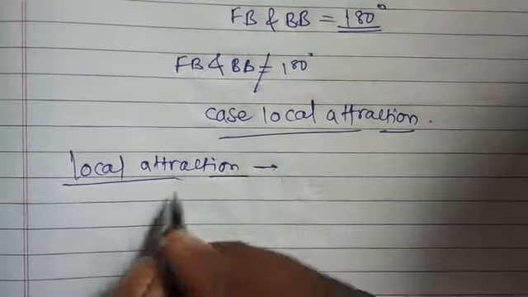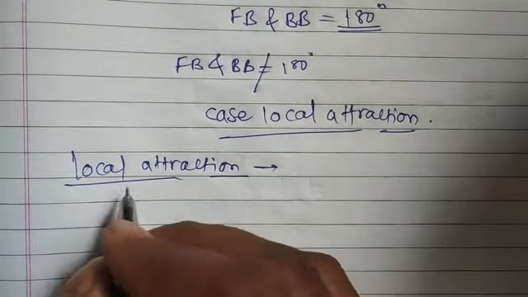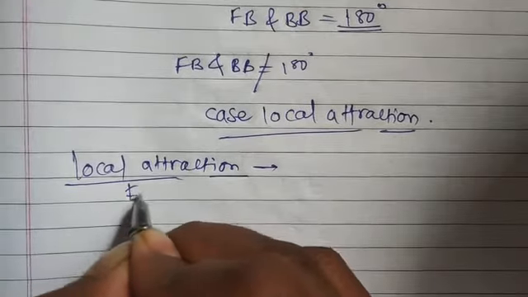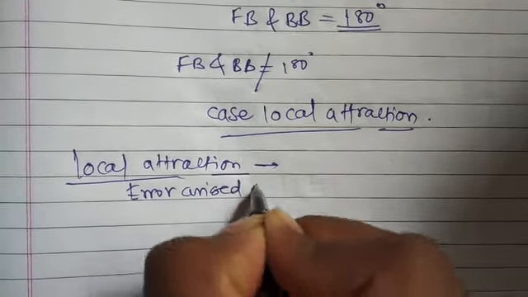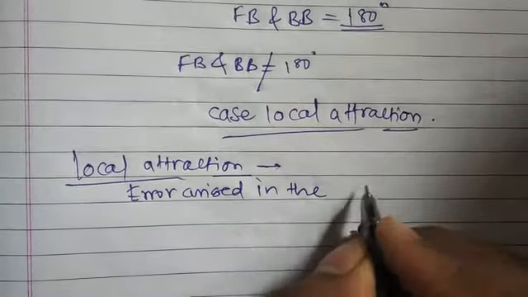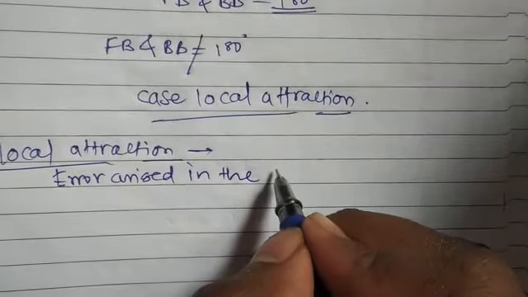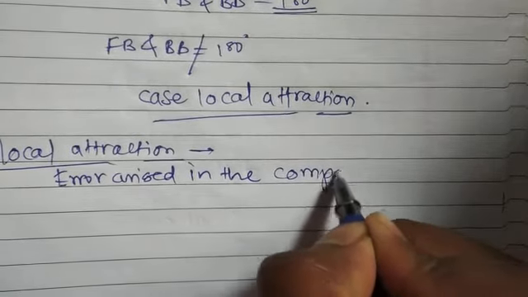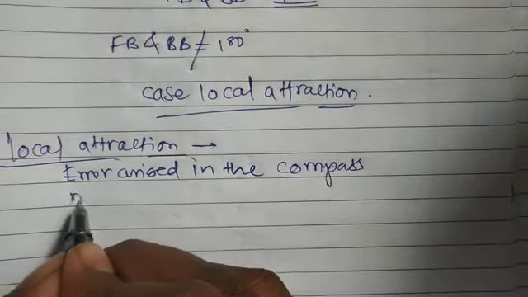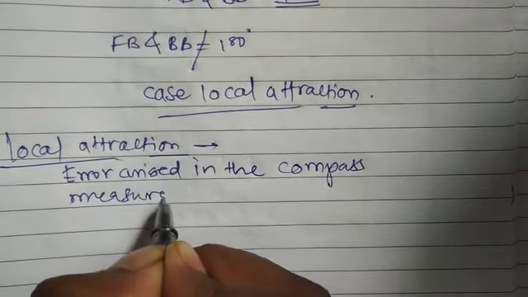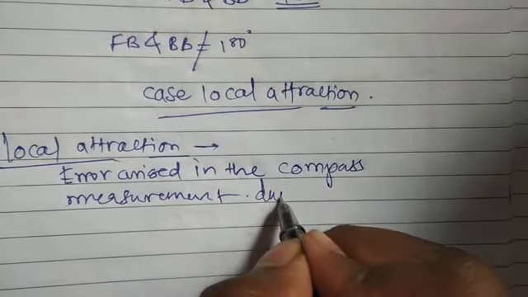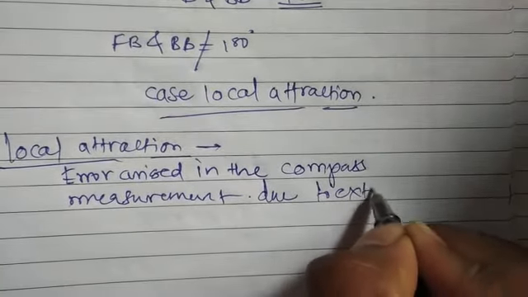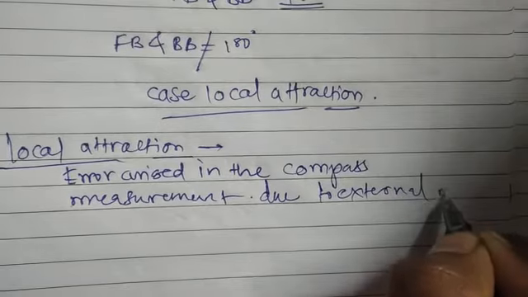Local attraction is nothing but the error arising in the compass measurement due to an external magnetic field.